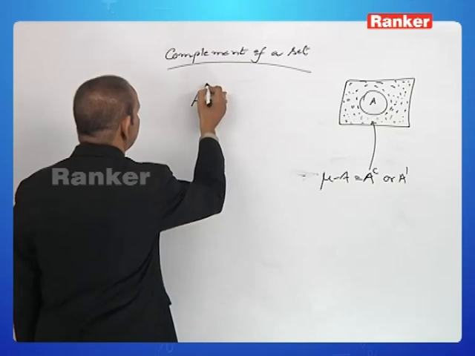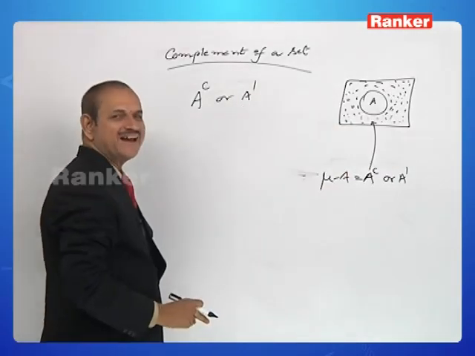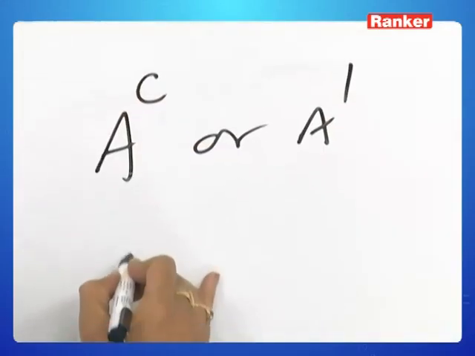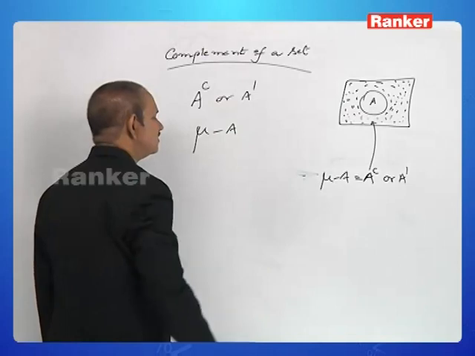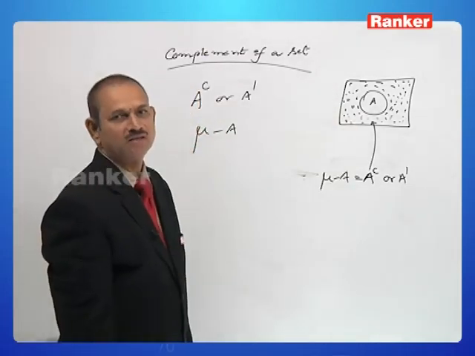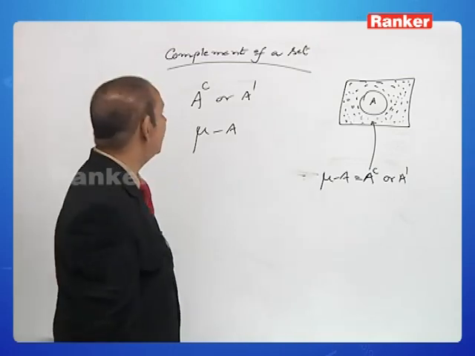Complement is denoted by A complement, read as A dash, and both are defined by mu minus A.